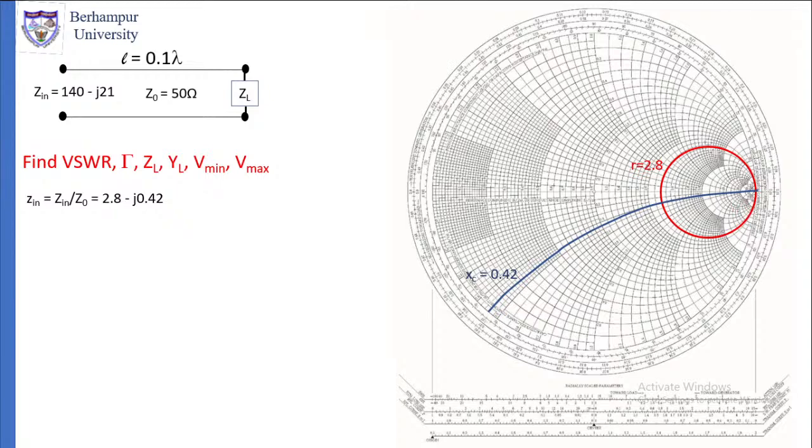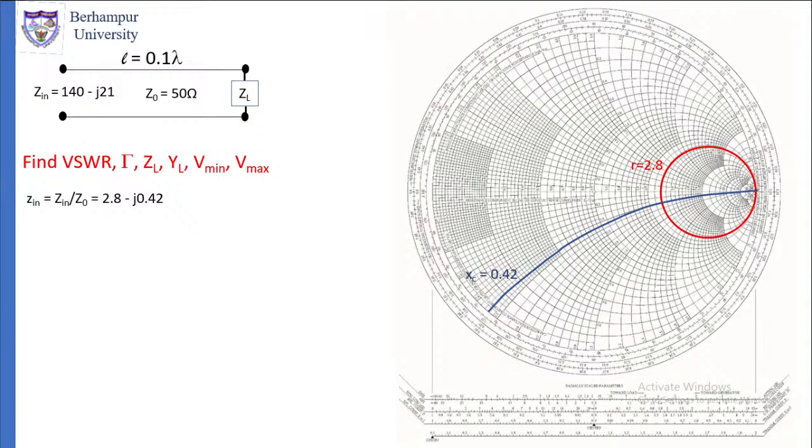Then we have to locate the arc corresponding to minus j 0.42. How do you find out where 0.42 is? Look at the outer perimeter of the Smith chart. On the outer perimeter, 0.42, 0.43, 0.45, 0.01, all those will be written.